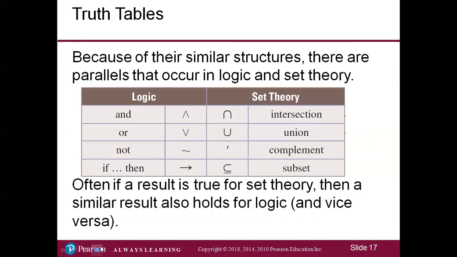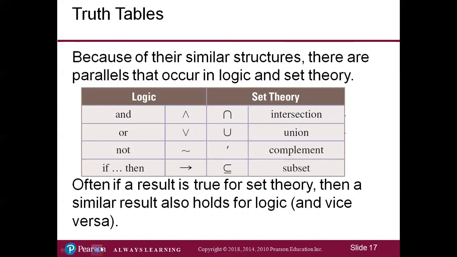In set theory, the concept of not was represented with a complement, and in particular, the not we're looking at is the complement and not the difference, right? Because there are two concepts of not in set theory. And in logic, we have the tilde.